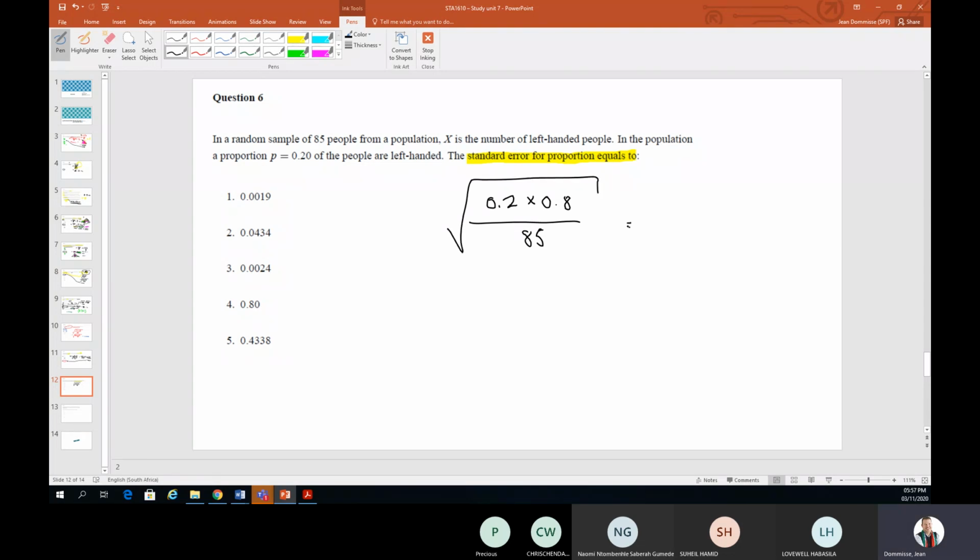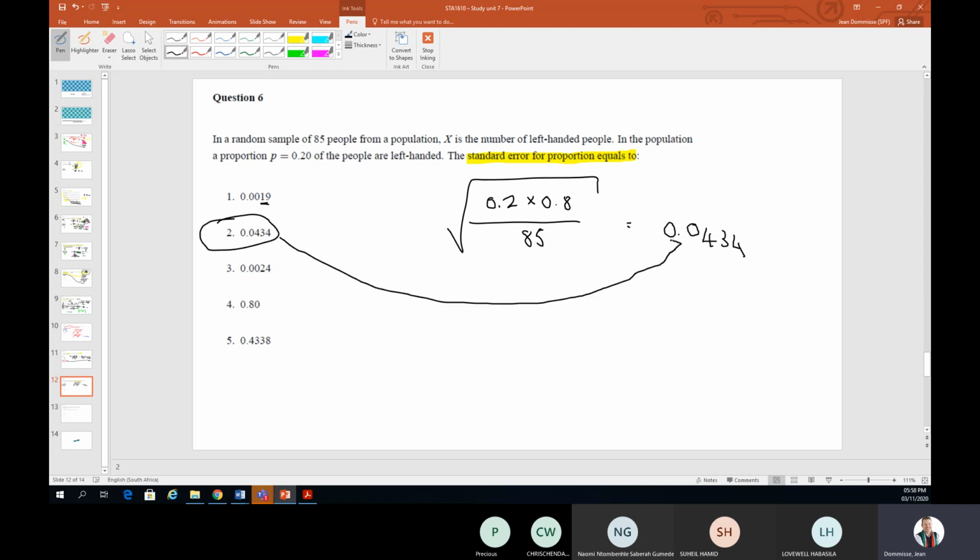So let's quickly see. If I say 0.2 times 0.8, I get 0.16, so there wasn't that option. If I divide by 85, I get 0.0019, which was an option, but then I need to take the square root of that, and that gives me 0.0434, which is option 2.